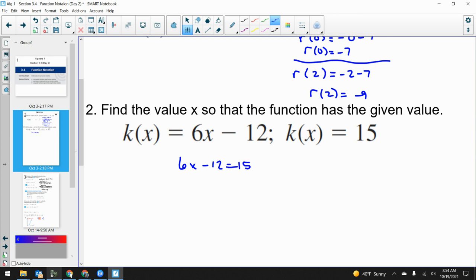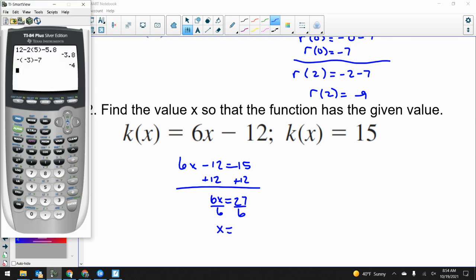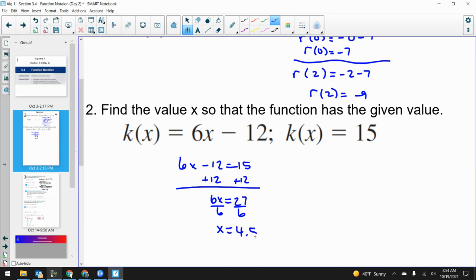Solve for that input. Add the 12 over to the other side, which gives us 6x is equal to 27. And I divide by 6: 27 divided by 6 is 4.5. And that's just my answer. Again, I'm looking for the input that makes that output equal to 15, so just set 6x minus 12 equal to 15.